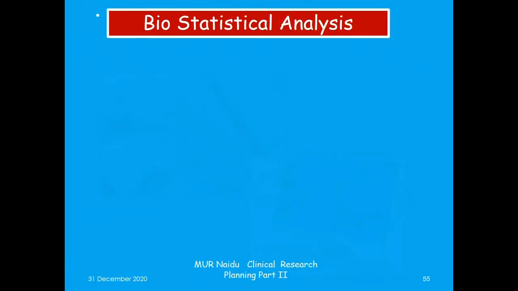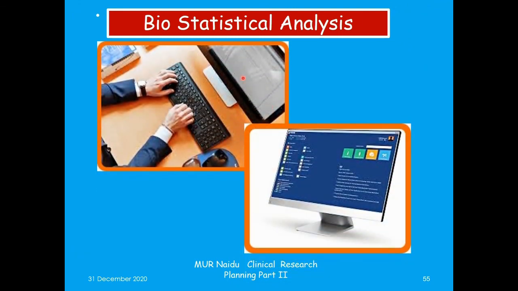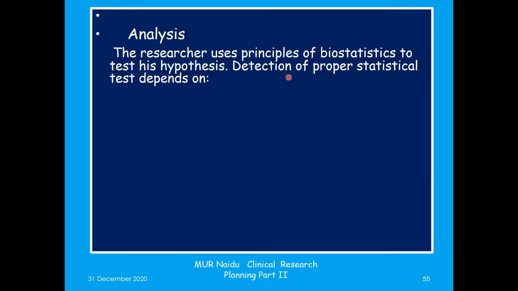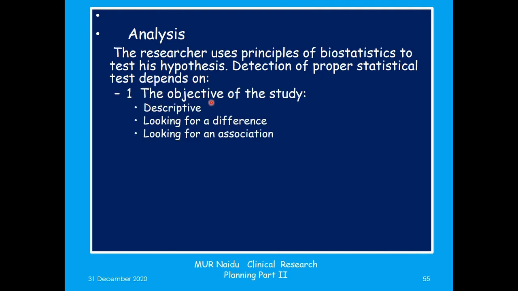Data analysis. Analysis data of clinical research is presented in various forms. Usually the researcher uses the principles of biostatistics to test his hypothesis. Selection of the proper statistical method depends on, number one, the objective of the study, whether it is descriptive, looking for a difference, or lastly an association.